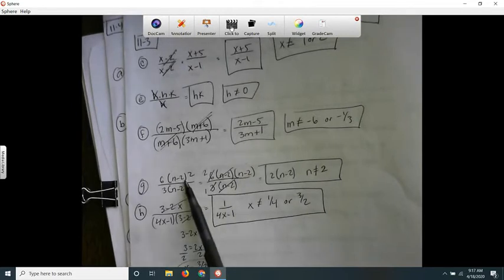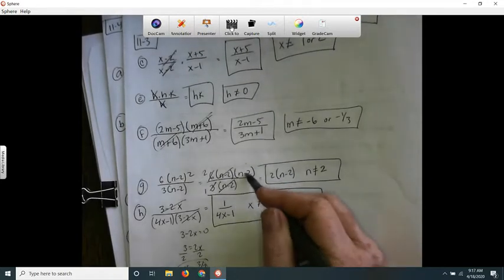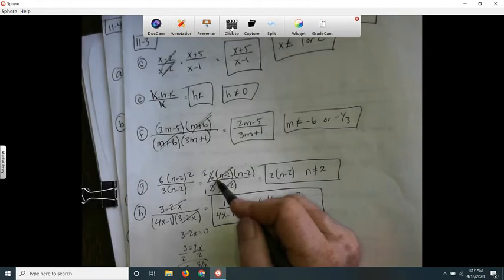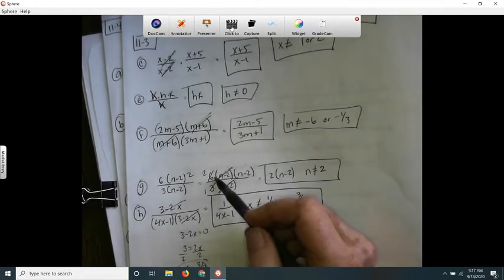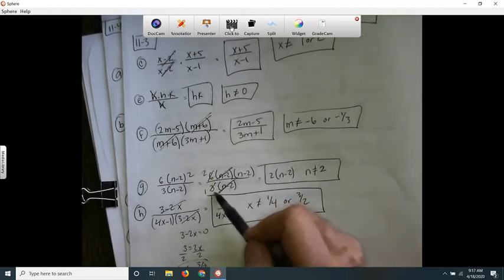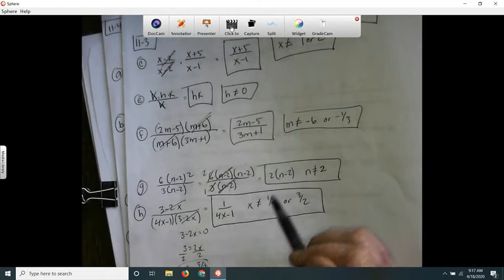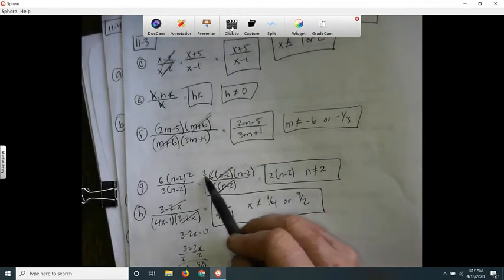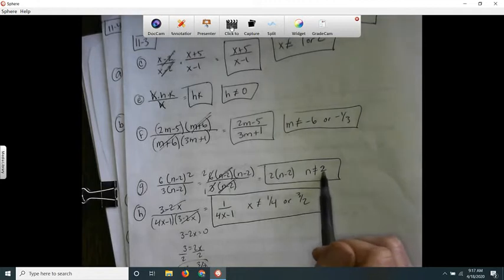And then I decided that, these are all factors now, so I could cancel out the n minus 2, and I could also cancel out the 6 and the 3 because 3 goes into itself once and it goes into 6 twice. So then I'm left with 2 times n minus 2. And then I excluded the value of 2 because it would make a 0 right here.